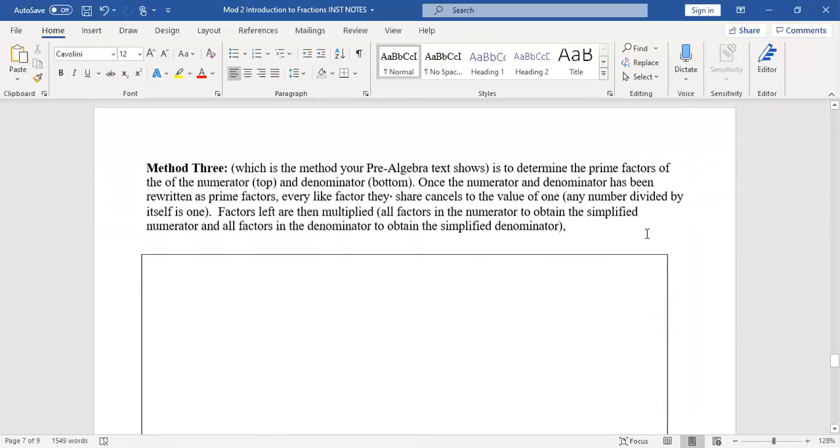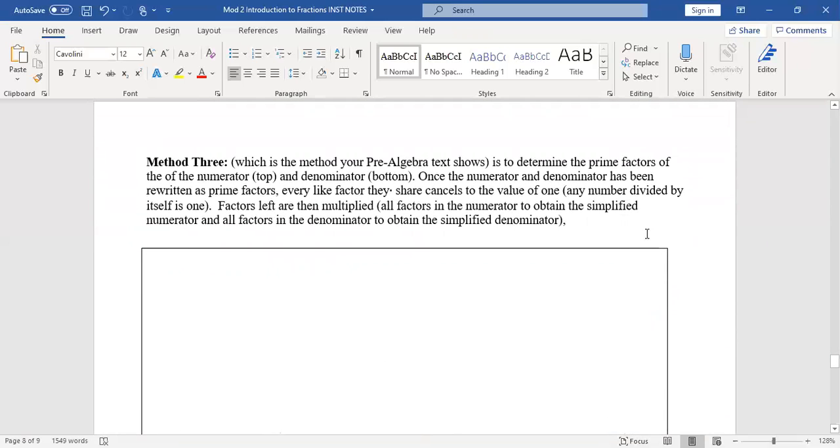Method 3, which is the method your pre-algebra textbook shows, is to determine the prime factors of the numerator and the denominator. Once the numerator and denominator have been rewritten as prime factors, every like factor they share cancels to the value of 1. Any number divided by itself is 1.